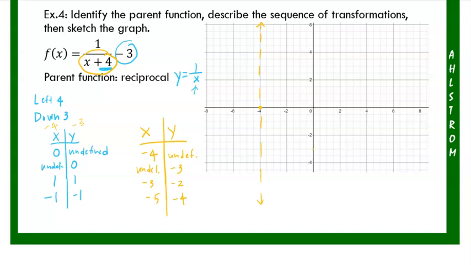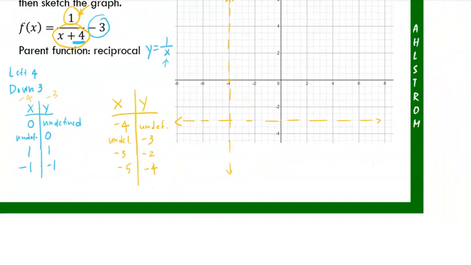And you can't really see that. And some of you guys were saying, hey, look, there's a 1, so shouldn't the horizontal asymptote be a 0? But then if you actually simplify this, f of x equals 1 over x plus 4, minus 3.